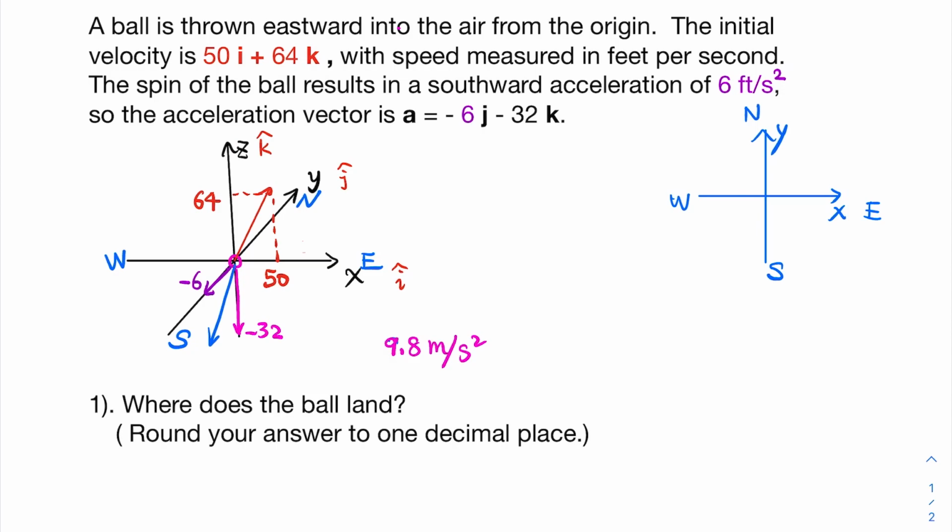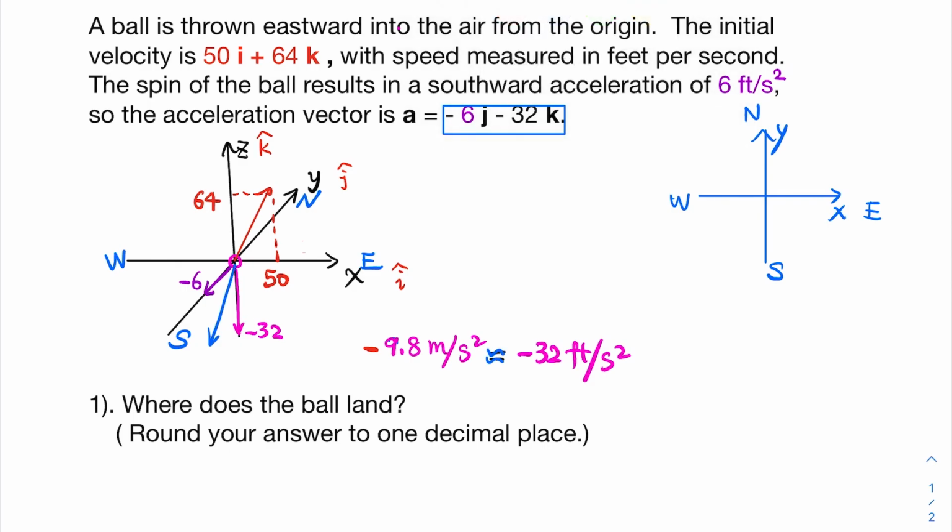So that's why we put a negative sign there. This gravitational acceleration in feet and seconds is going to be -32 feet per square second. So the southward acceleration is 6 feet per square second, and then you also have this downward acceleration of -32 feet per square second, approximately.